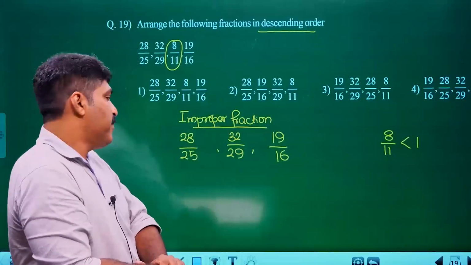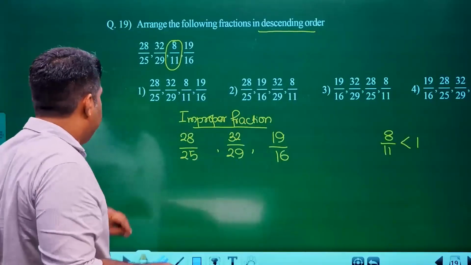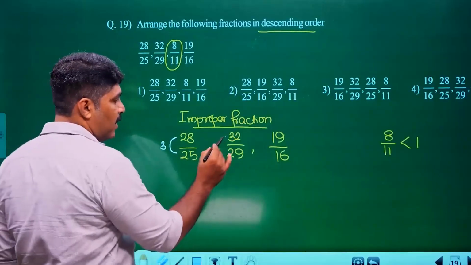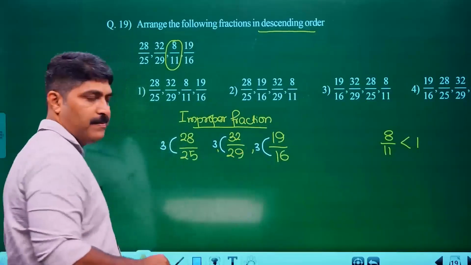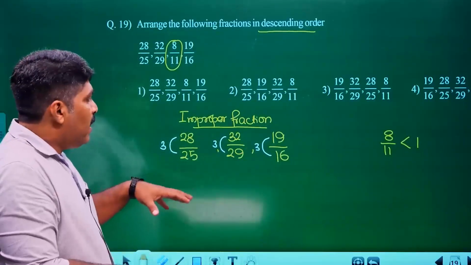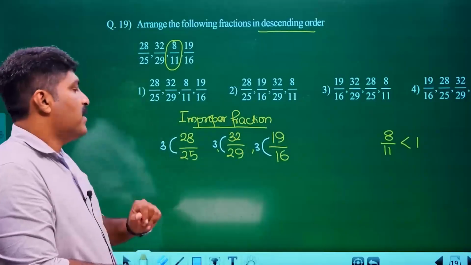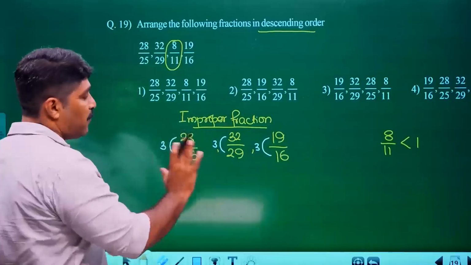While observing these numbers, we get the idea that the differences are the same. There is a common difference between the numerator and the denominator in each fraction.